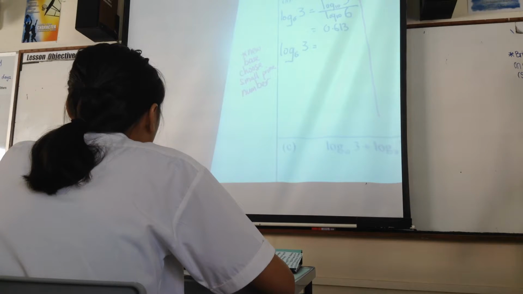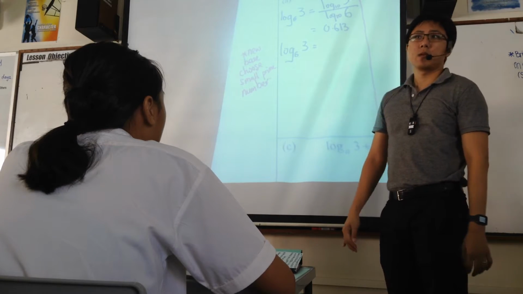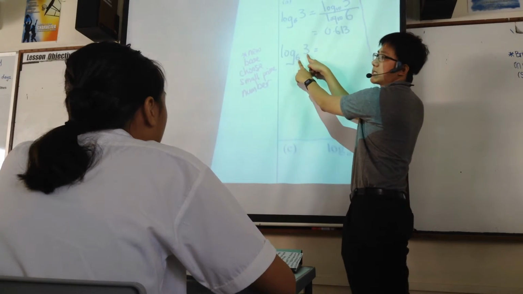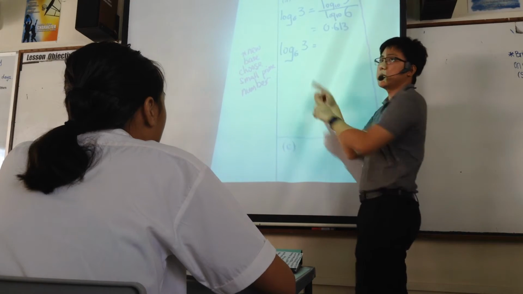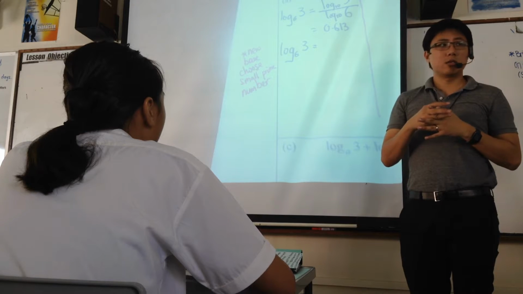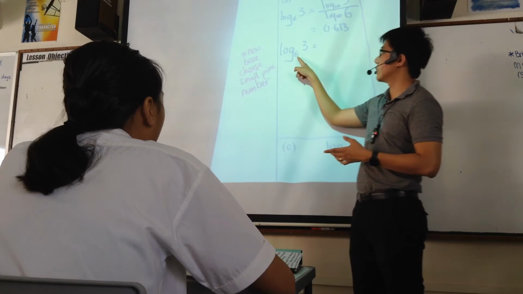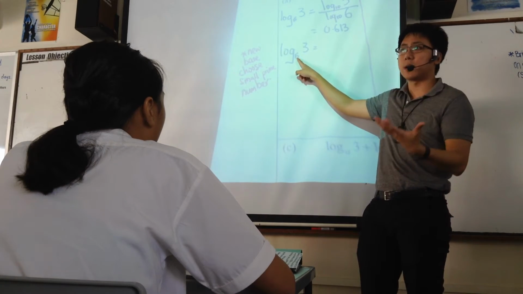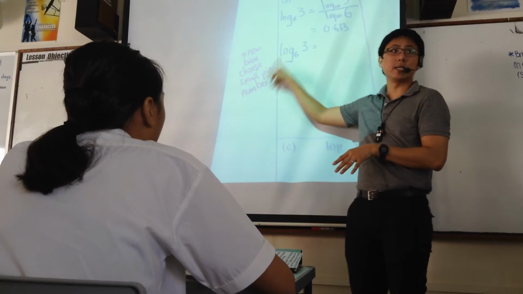You always try to choose a small number. So 6 and 3 are the two numbers I see here. Which one is smaller? 3, right? So which means the new base I want to change to is base 3. Can follow? So if you want to change to a new base, you can choose a smaller number, a prime number. In this case is 3.